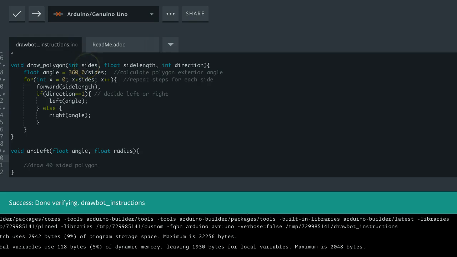So I can tell you how many sides it should have, but we have to figure out what the side length should be. And so we're going to have to do some calculations to find this side length.